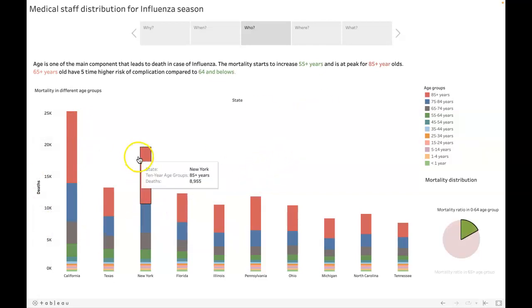Even though New York is the third most populated state, the death count crosses Texas. Maybe this is because of the density of population. As you know, flu is an airborne and contagious disease.